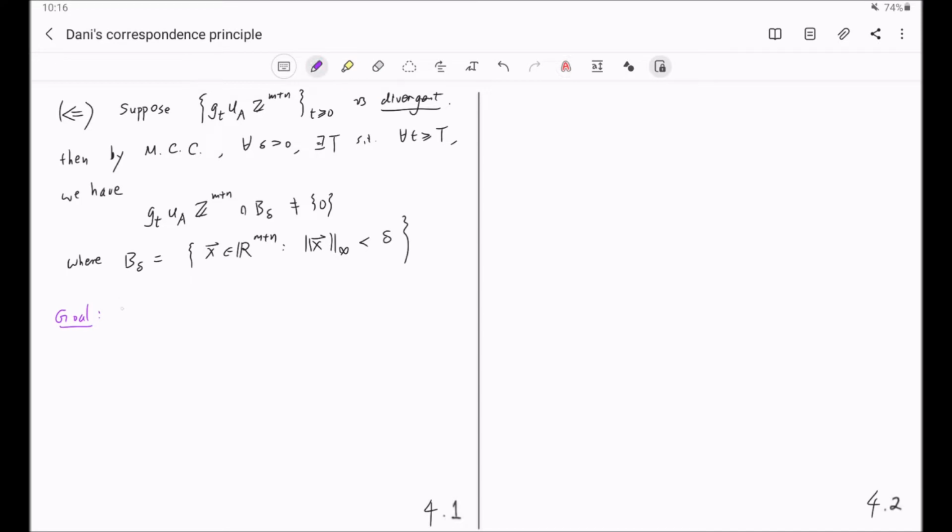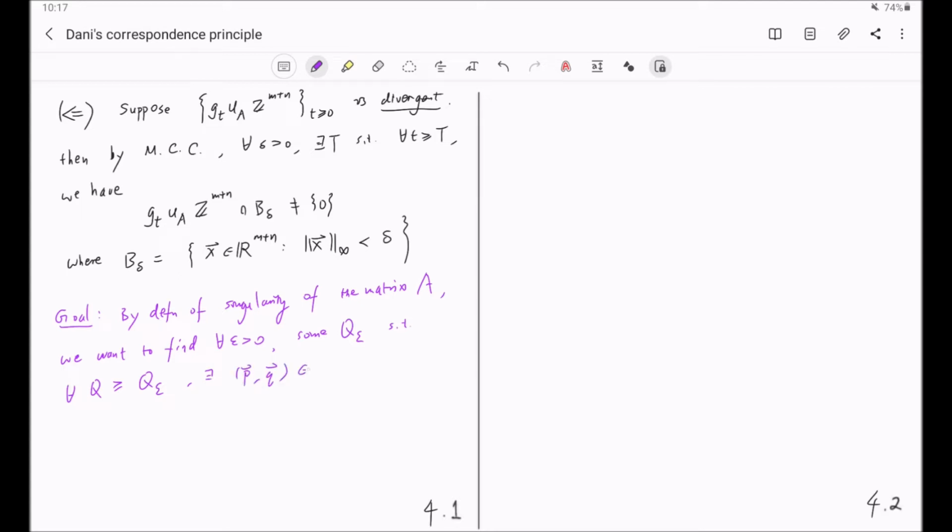By definition of the singularity of the matrix A, we want to find, for any epsilon greater than 0, some q_epsilon such that for any q greater or equal to q_epsilon, there exists (p, q) in Z^{m+n} such that those two inequalities hold.